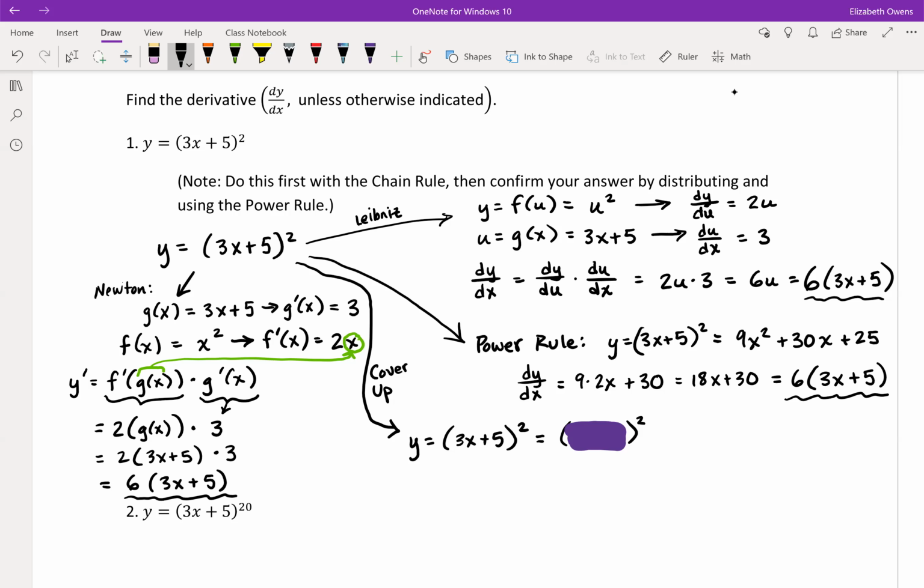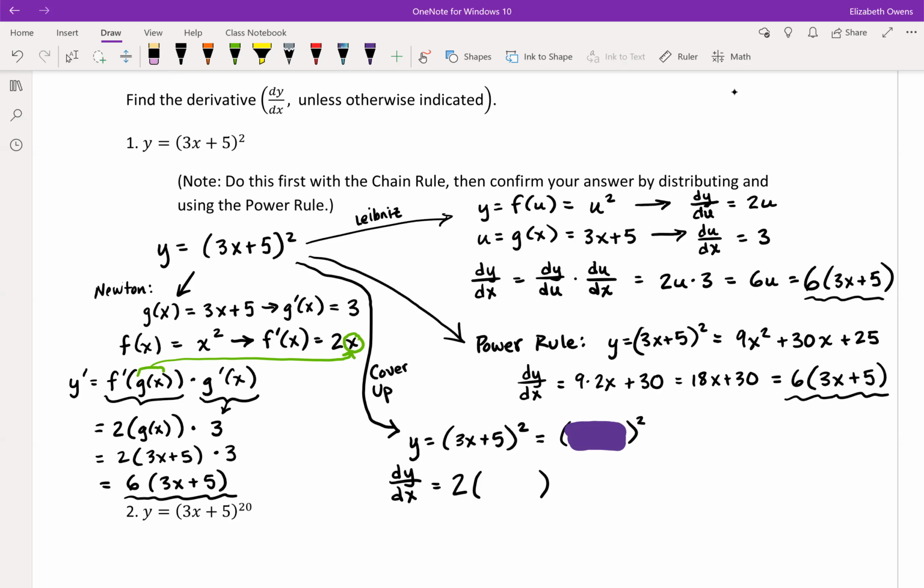And so when we take the derivative of that, we're just going to take the derivative like it were a normal thing to do, as if purple block there were our variable. You'd bring down your 2, doing power rule, and then you'd have your purple block to the first power.